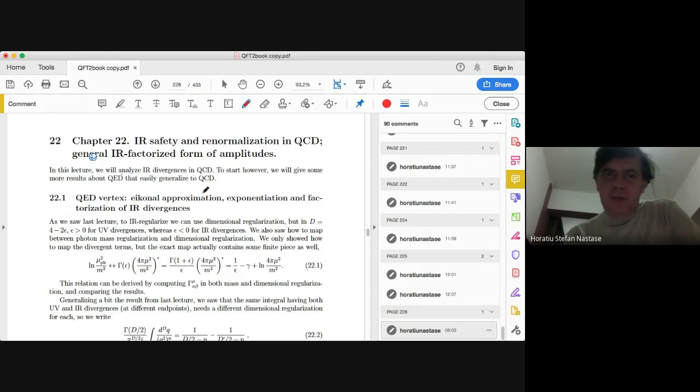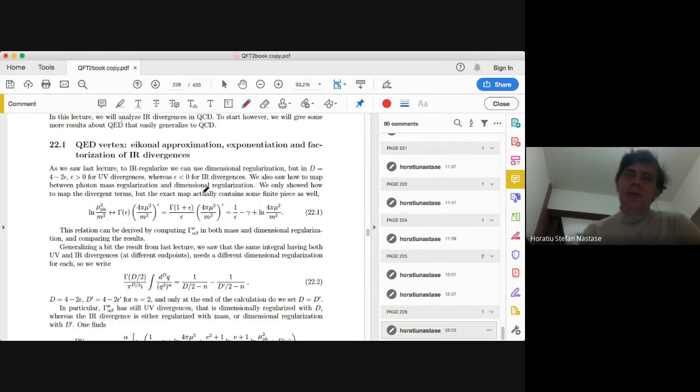All right, so we will first start with a better understanding of the infrared divergences in QED and of how they exponentiate and factorize.